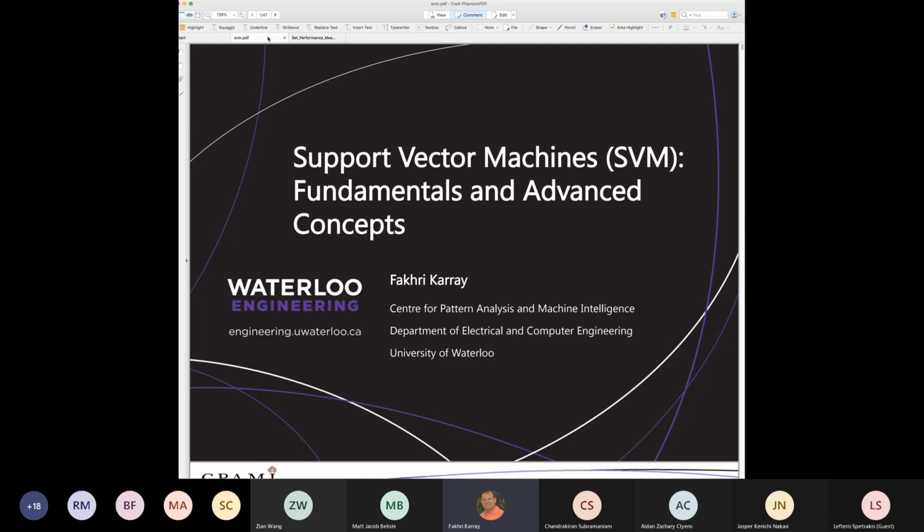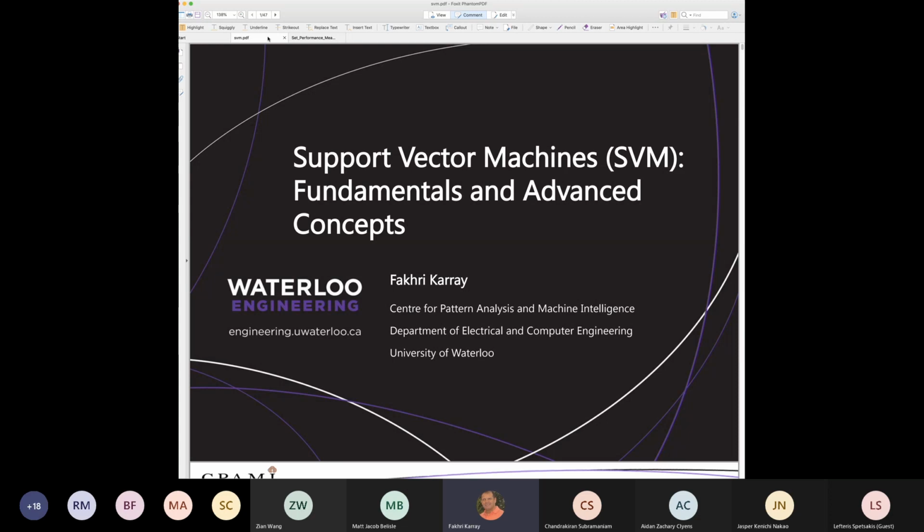But it is another type of machine learning model based on statistical approaches, and on optimization of a certain margin between the various types of data we are classifying. And a lot of people think that support vector machines are usually utilized only for binary classification.